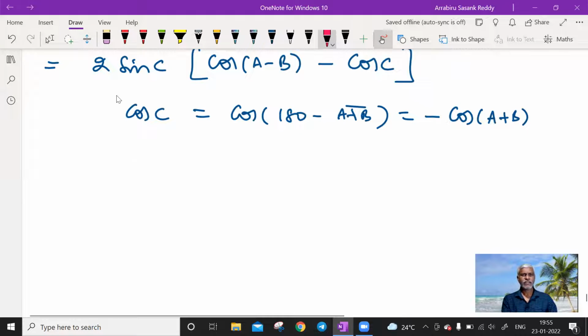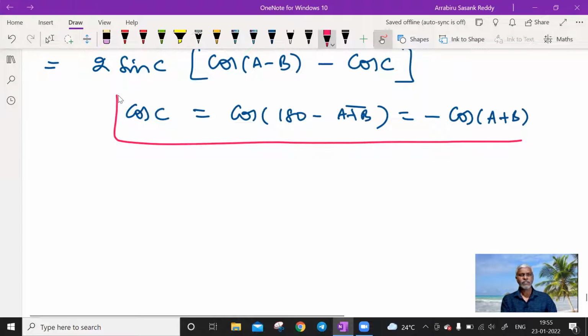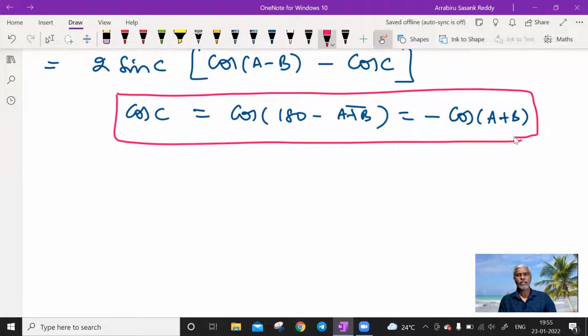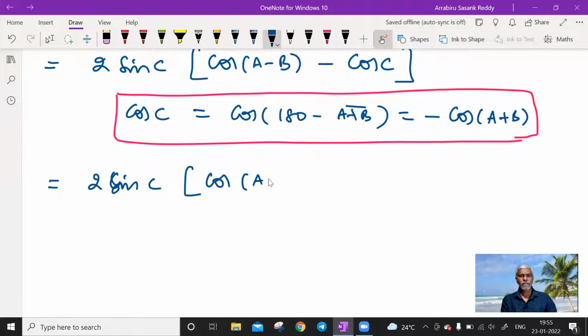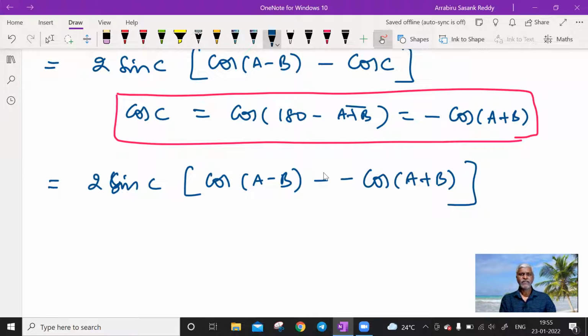This is also the same; only the minus is the difference from before. So 2 sin C times cos(A minus B) minus cos C; in place of cos C, writing minus cos(A plus B), minus into minus becomes plus.